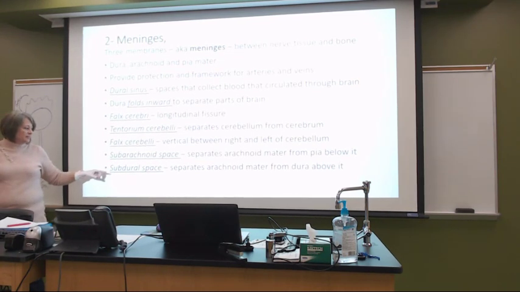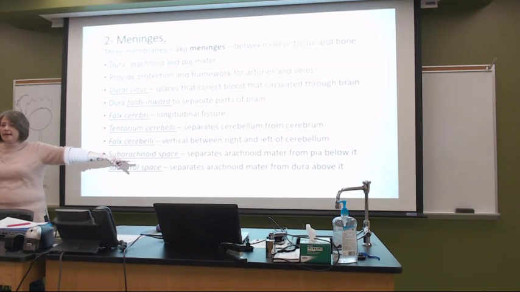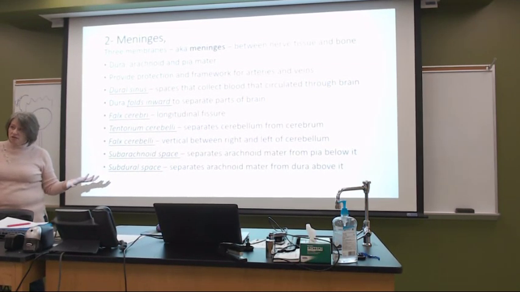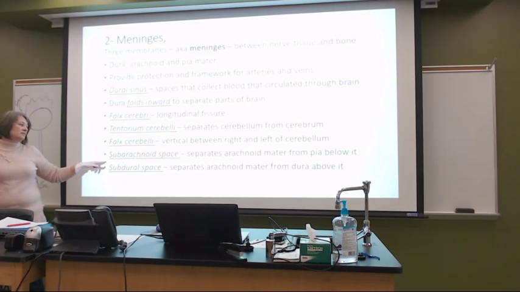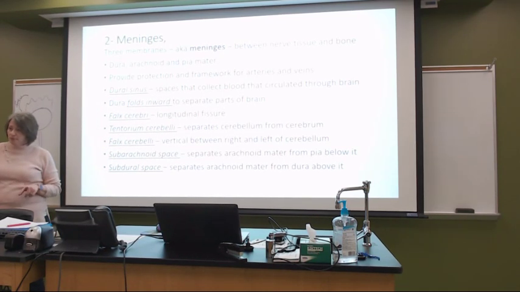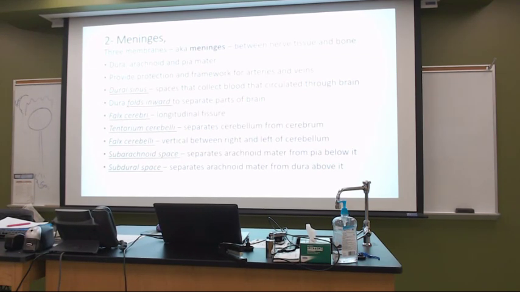We also get a subarachnoid space. Arachnoid mater, okay, just below it, we get this space that will separate that middle layer from the innermost, the pia mater. Because remember, dura was the outermost layer, arachnoid was middle, pia was the innermost.